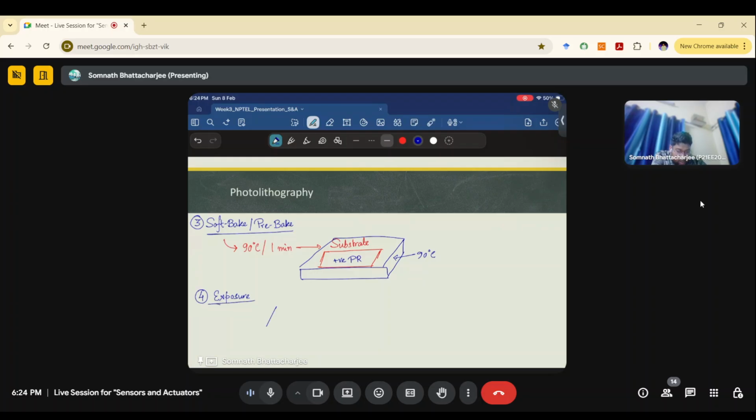Usually there is a mask. Let's say it is a bright field mask, and you have a pattern like this, and you are shining your UV light through this.